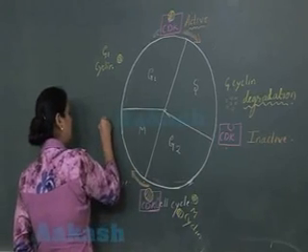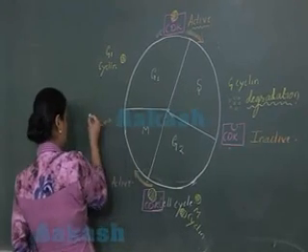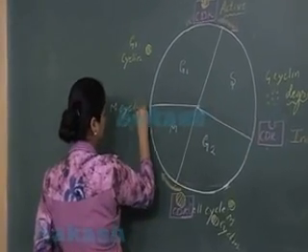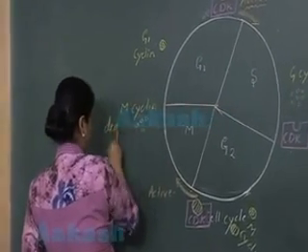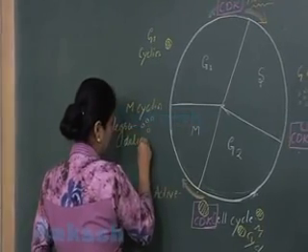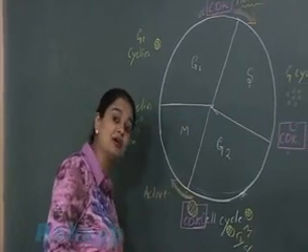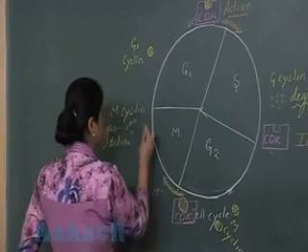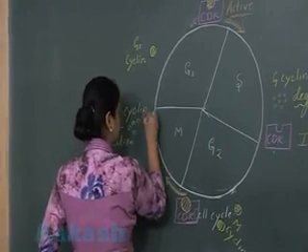M cyclin shows degradation, so now the active CDK is converted into the inactive state.